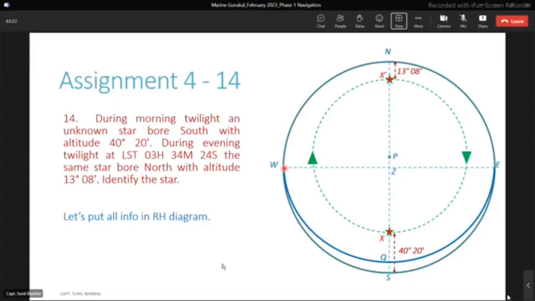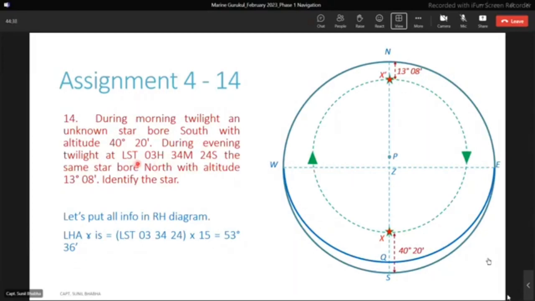Great, beta. Excellent. So let's proceed ahead. Now the LHA Aries is obtained from the value of local sidereal time. As I told you, local sidereal time is the westerly R angle of Aries measured from the observer's meridian.